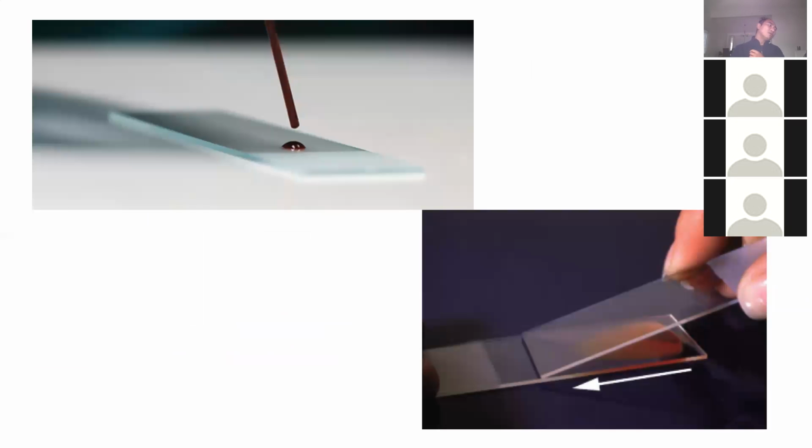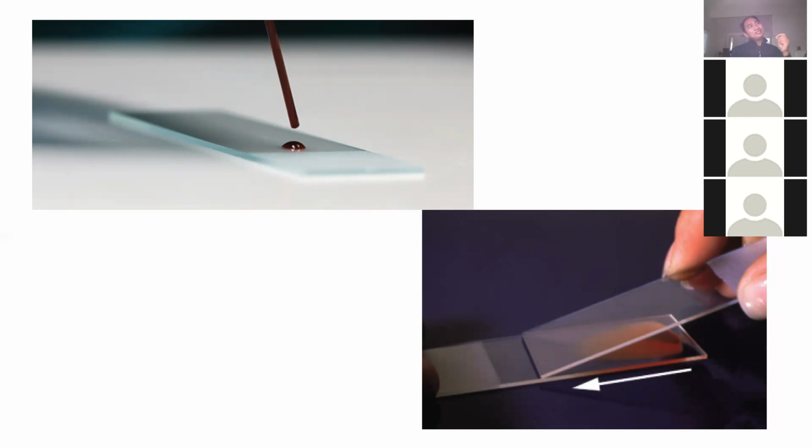Right. So what I would do is take somebody's blood and put a drop of blood on the glass slide, and make a blood film.